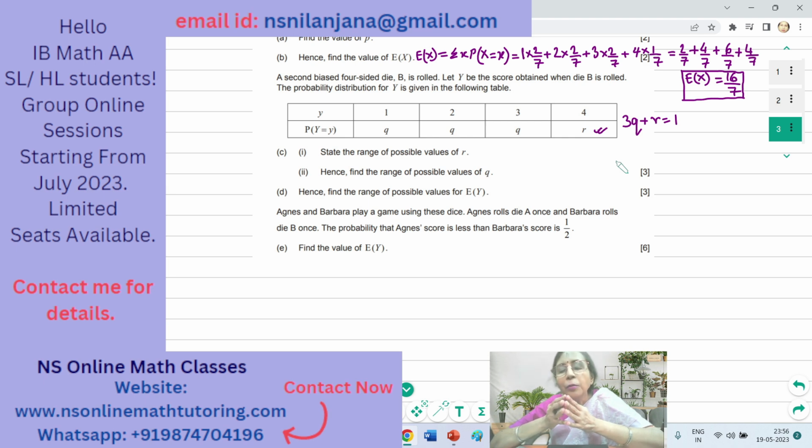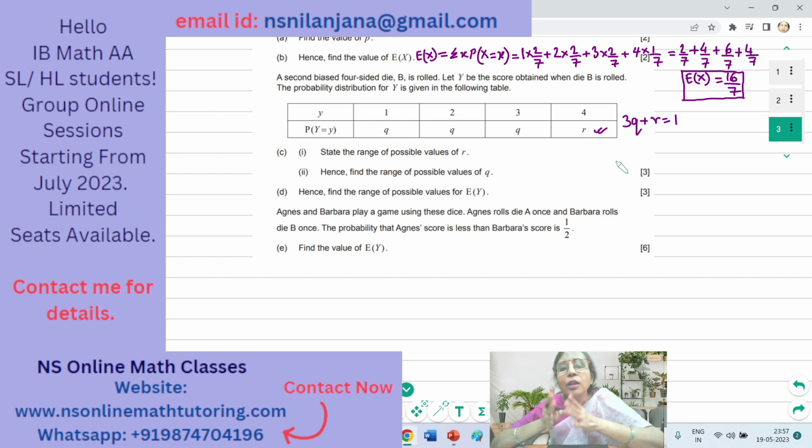Can R have a value of 1? If R is equal to 1, then Q should be equal to 0. That is also perfectly correct. Q is a probability. It can have a value of 0. That means the B dice is so very biased that every time you roll the dice, always the 4 comes. Never do you get 1, 2, or 3.